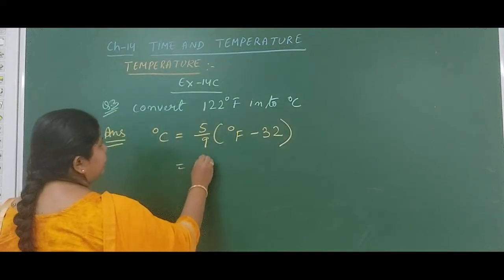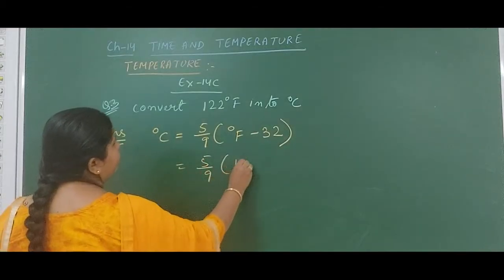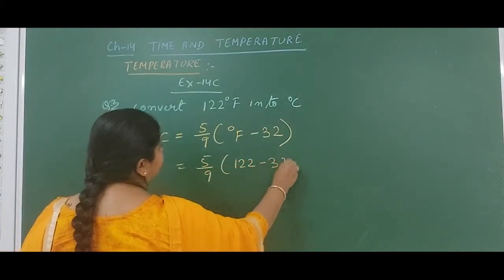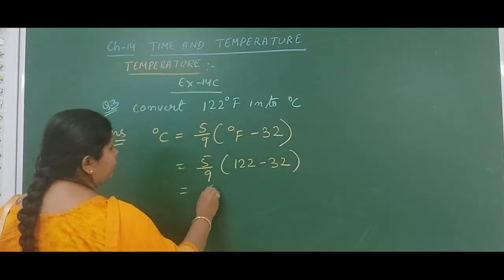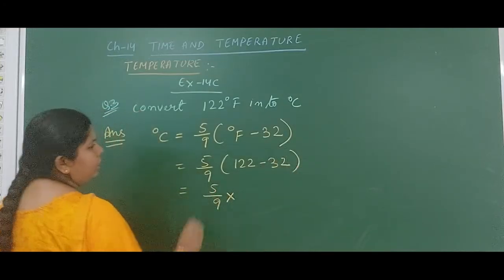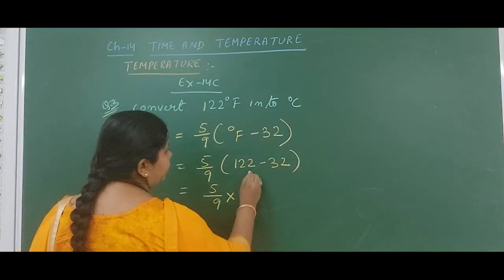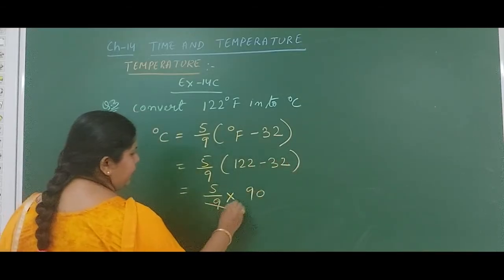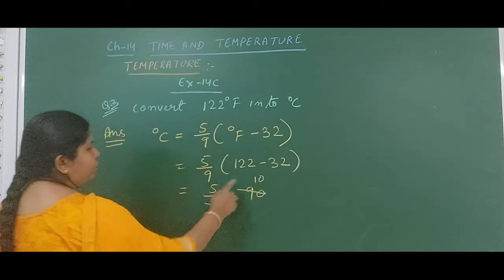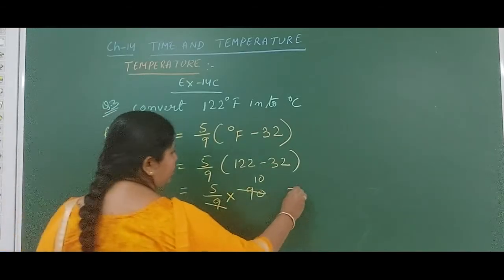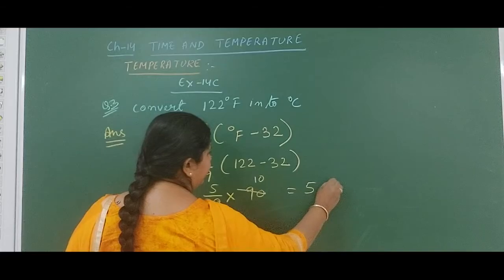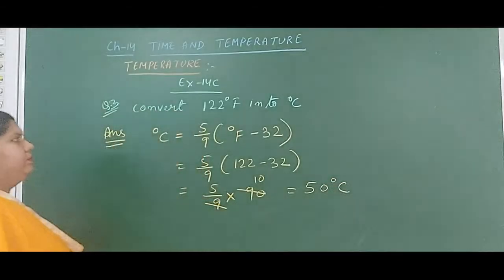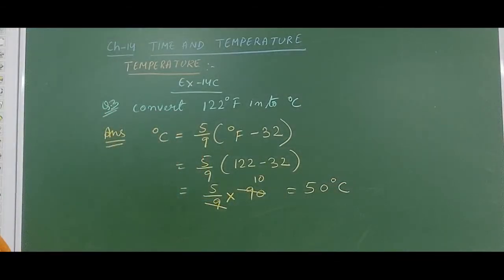So that is 5 by 9 into 122 minus 32. 2 minus 2 is 0, 12 minus 3 is 9, so it is 90, and 9 tens are 90. So 5 into 10 equals 50 degrees centigrade. This is the final answer.